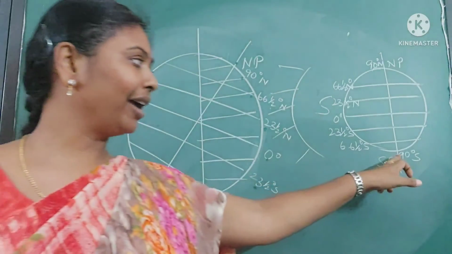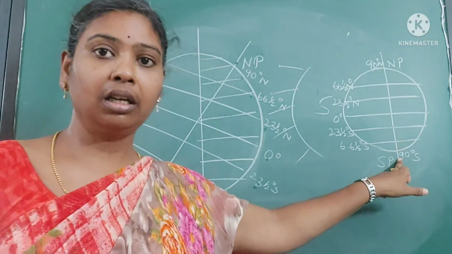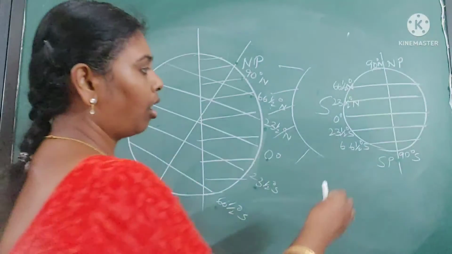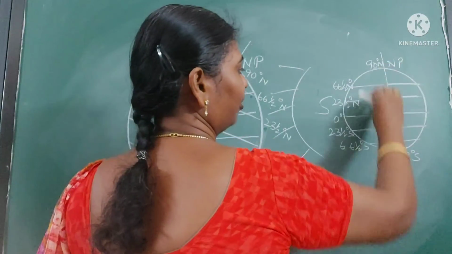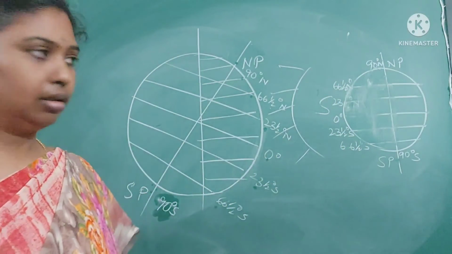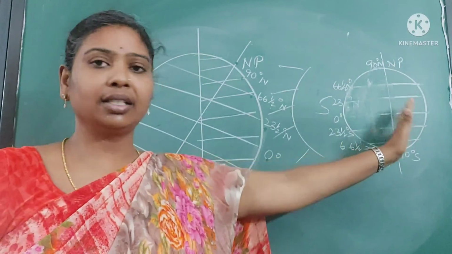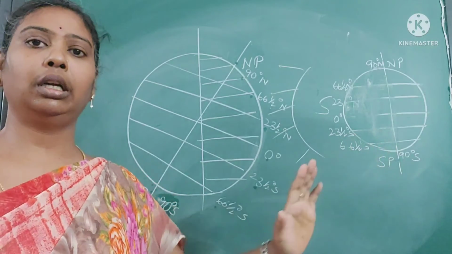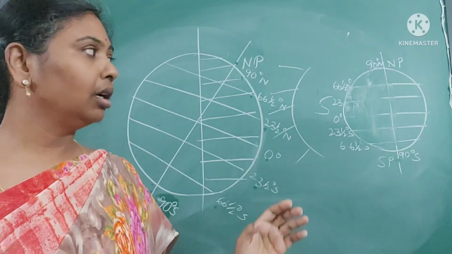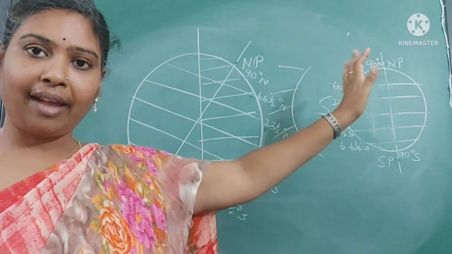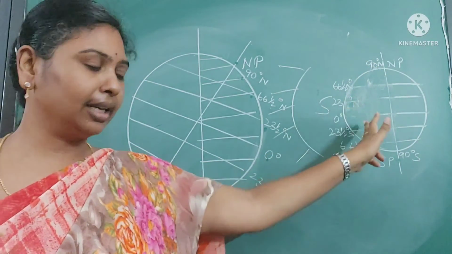If we had a straight axis, not an inclined axis, all parts on one side would be dark and all parts on the other side would have light, because this is the sunlit side.